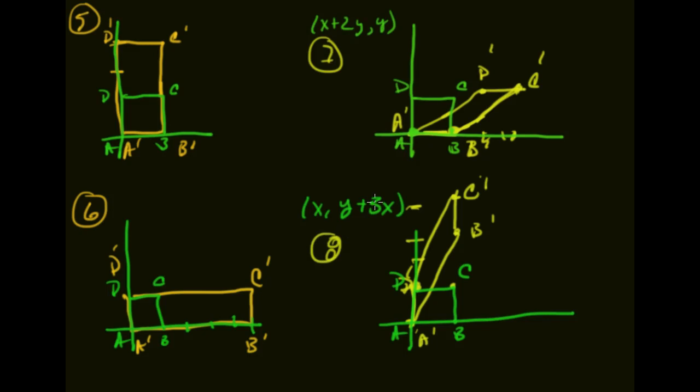So let's look at 9 through 14 here. Okay, so we have to look at what's being described in these. If you look at number 9, the only thing that's changing there is the horizontal. So this is expanding horizontally by a factor of 2.